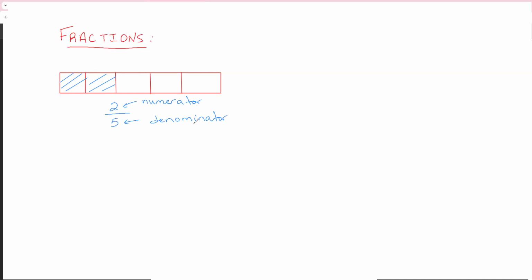Now, we can call this 2 over 5 or 2/5. So if my denominator is 2, we call them halves, right? So this is 1/2. If my denominator is 3, we call them thirds.